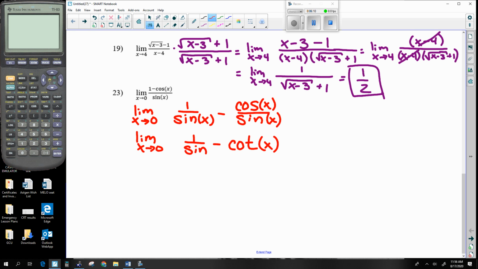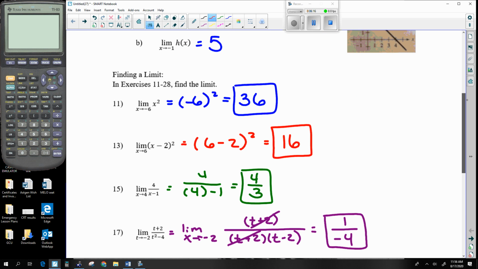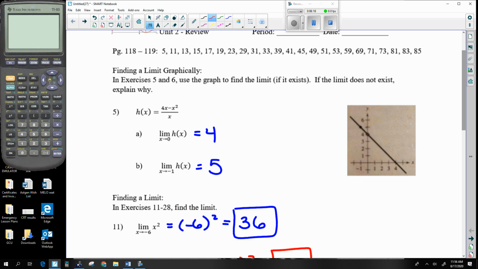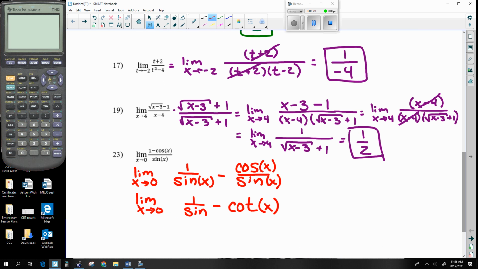I'll get back to this one. I'm not exactly sure what the problem is. Sorry, that number was number 23.